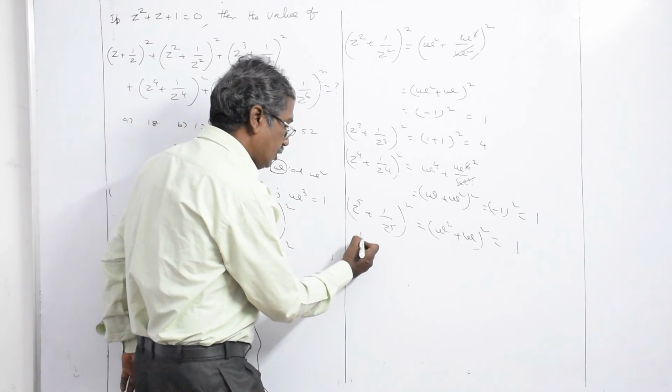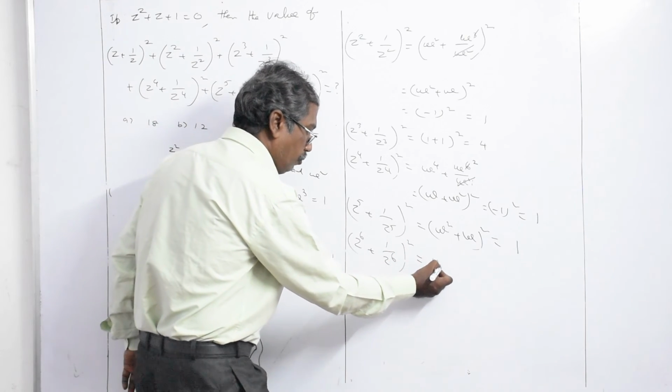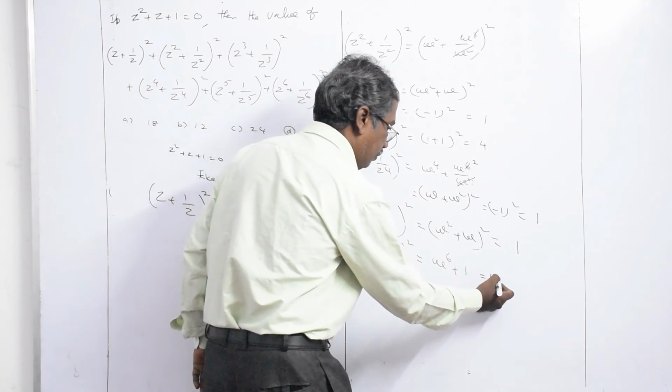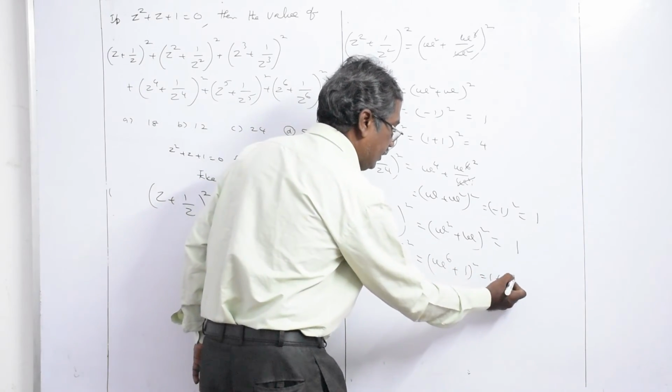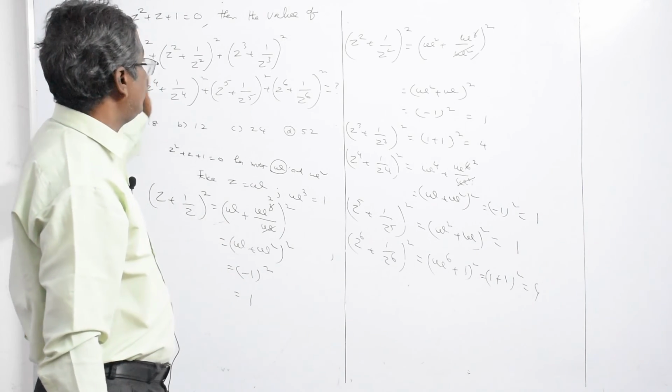So the last thing is z power 6 plus 1 by z power 6 the whole square, nothing but omega power 6 plus 1, nothing but 1 plus 1 the whole square. The answer is 4. These are the values of those 6 things.